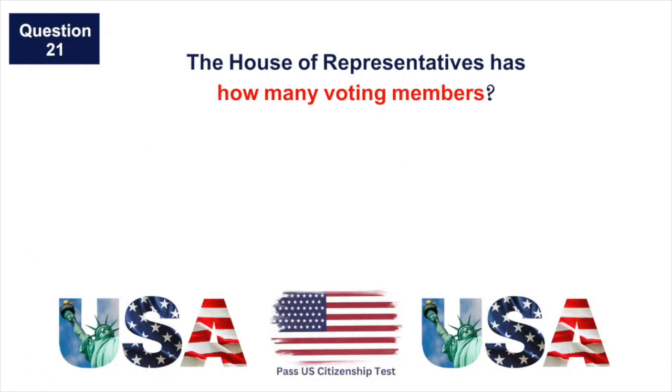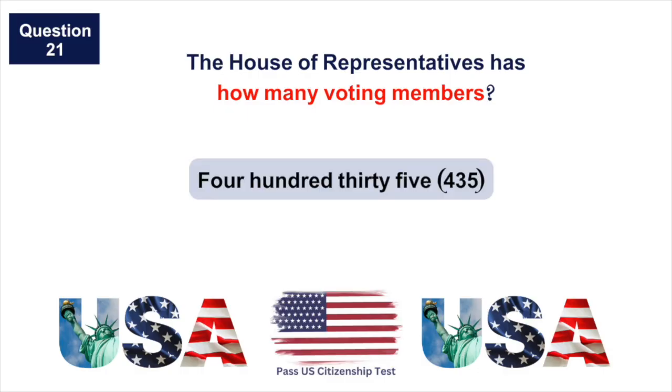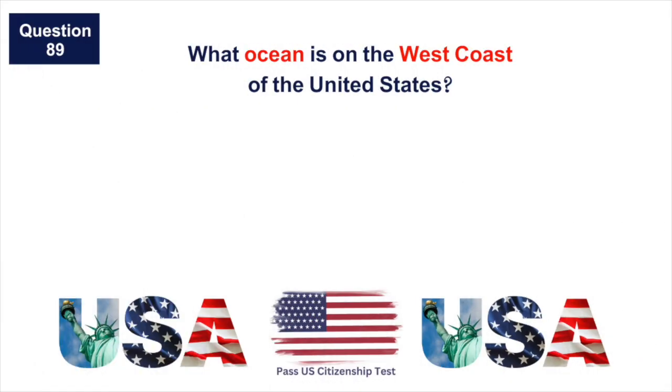The House of Representatives has how many voting members? 435. What ocean is on the west coast of the United States?